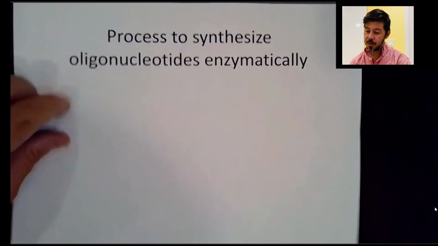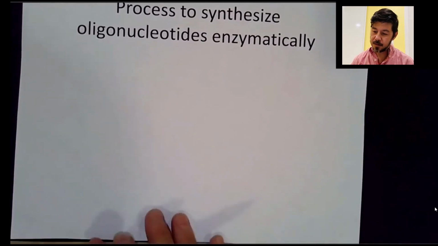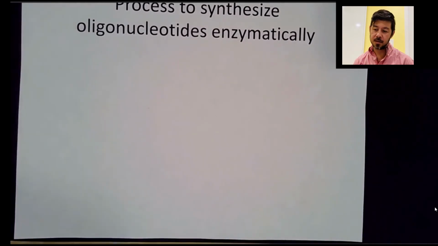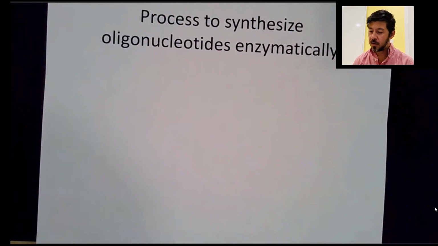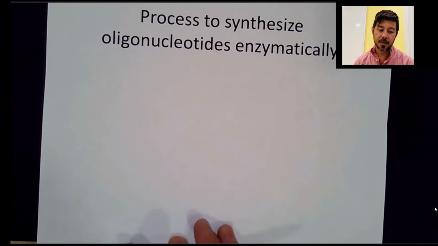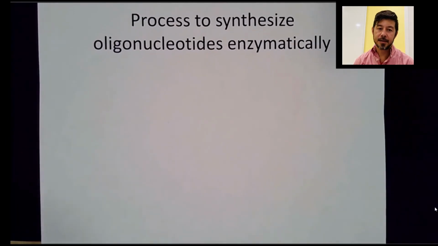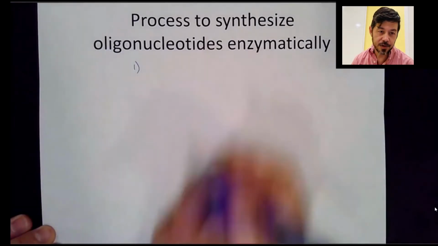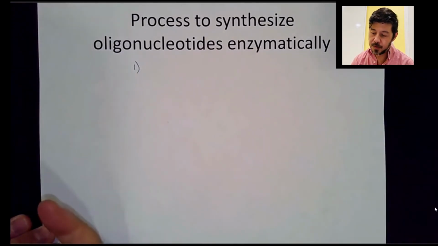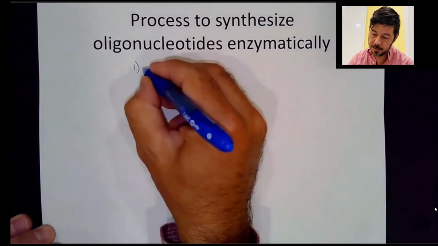Okay, so the process to synthesize oligonucleotides enzymatically. If you were to go in the lab and you want to make DNA or RNA using a polymerase, let's outline what the ingredients are. Number one, you need a template strand, right?